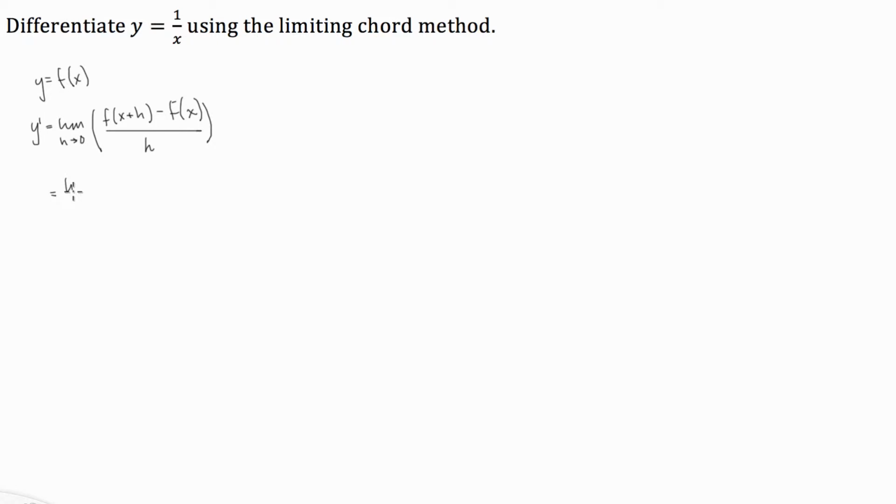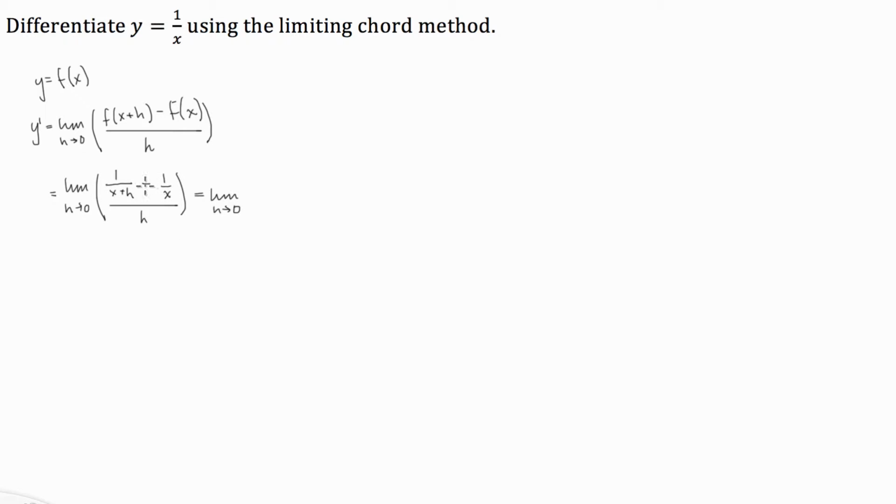So the limit as h approaches 0 of f of x plus h, if we enter this in, we're going to get 1 divided by x plus h, subtract 1 over x, all divided by h. Now this is equal to limit as h approaches 0.